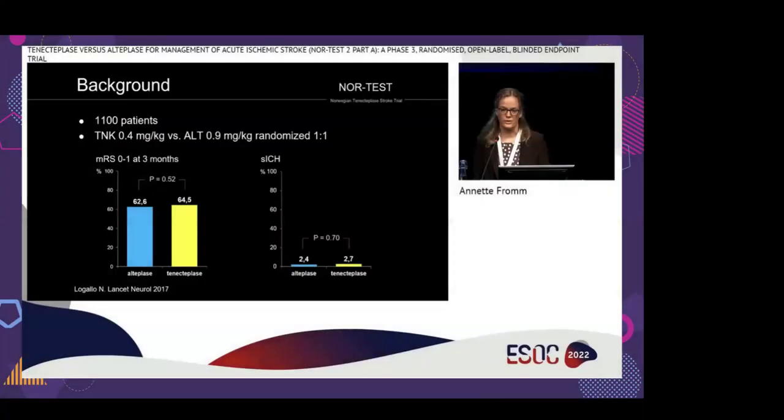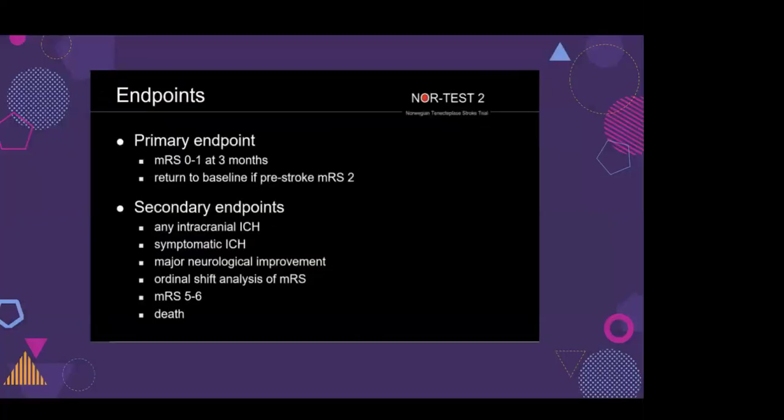So when they moved to the phase 3 NORTEST-2 trial, they noted that with tenecteplase, the functional outcome was more or less similar. However, the primary and secondary endpoints they were looking at were pretty much similar to the last trial I talked about.